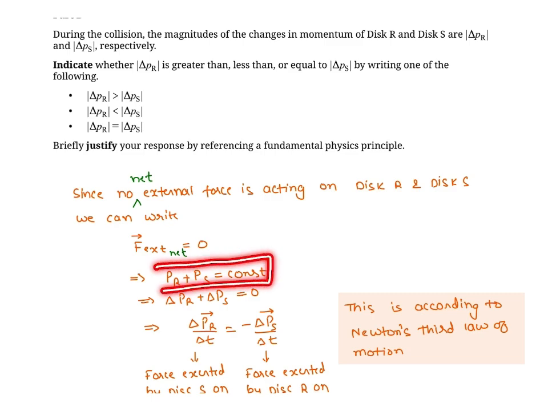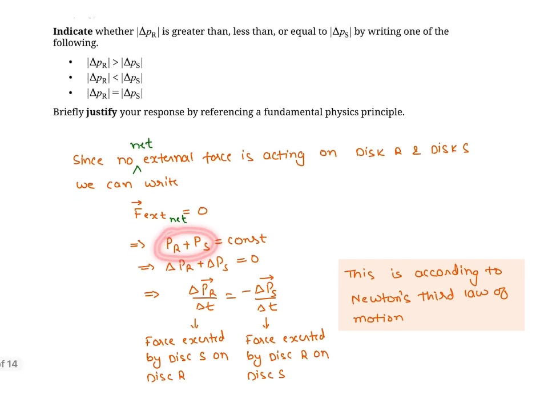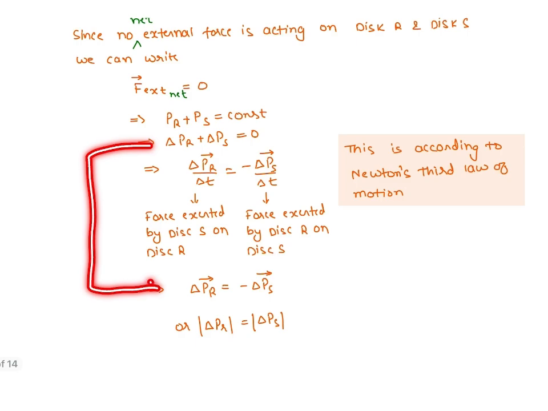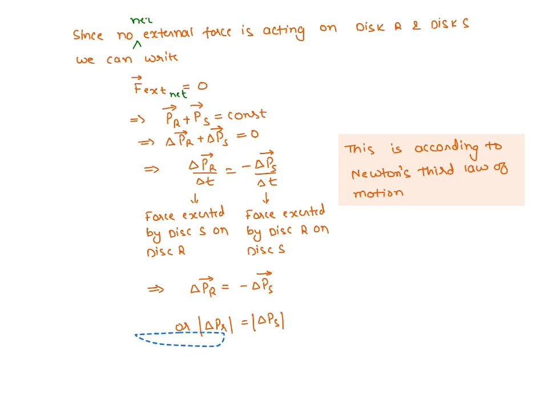The momentum of the system is constant, then it implies the change in momentum of the system will be zero. So the change in momentum of the system, that is delta PR plus delta PS, should be equal to 0. So from here I can say delta PR is equal to minus delta PS. Of course, since it is a vector quantity, you can apply vector notation here as well. So of course, the change in momentum of R will be equal to the negative of the change in momentum of S.